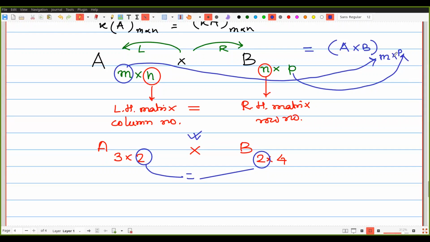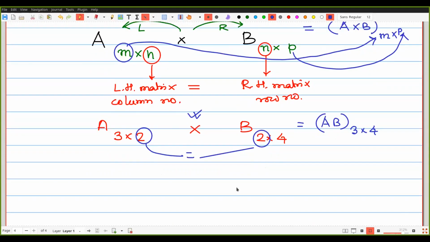But before that, the column number of the left hand matrix has to be equal to the row number of the right hand matrix. So here the resultant matrix AB is 3 cross 4. Okay. Next, suppose the same matrices A and B, but we write B on the left hand, 2 cross 4, and A, 3 cross 2.